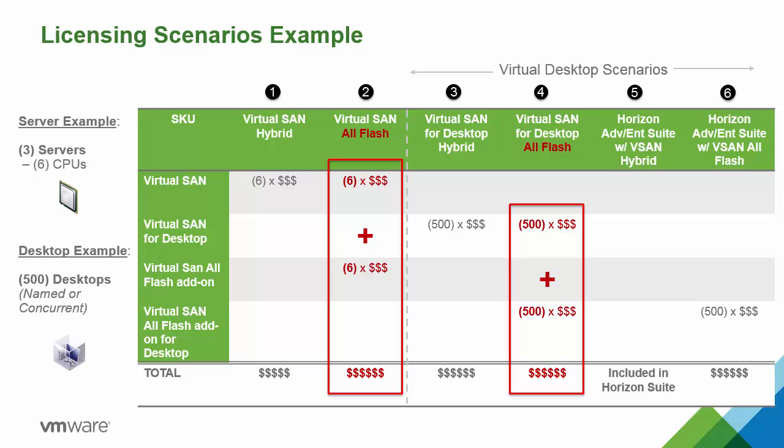As you see in the red boxes here, we have an example where we have the 6 processor licenses and the 6 all-flash licenses for a server infrastructure environment. And then we have the 500 desktop licenses and the 500 all-flash licenses to give you the proper total of licenses for that all-flash option. So again, just make sure that for those interested in doing the all-flash option, that you are calculating the appropriate licensing for that.